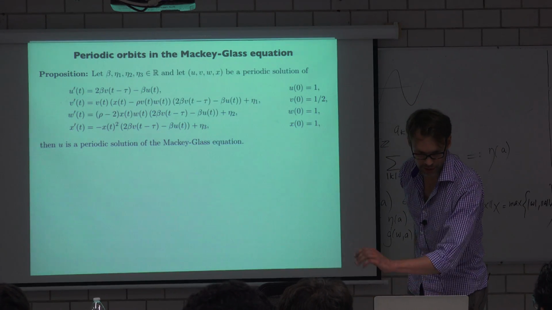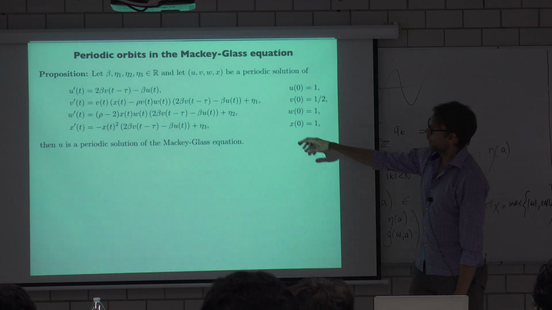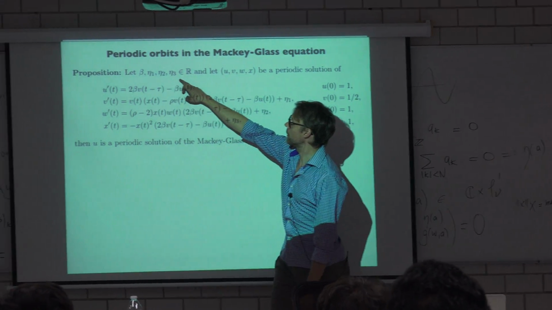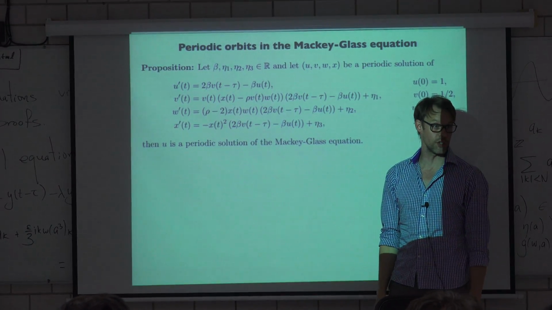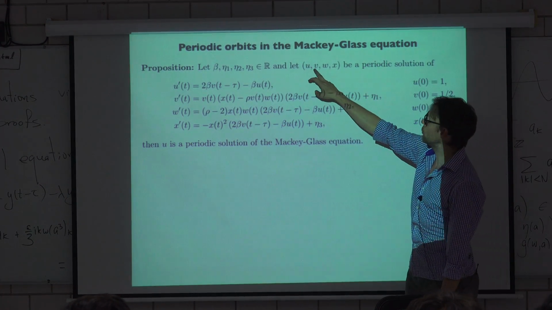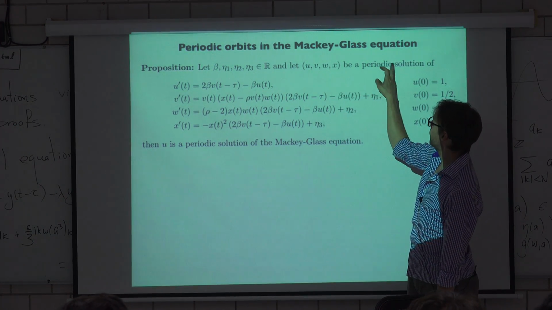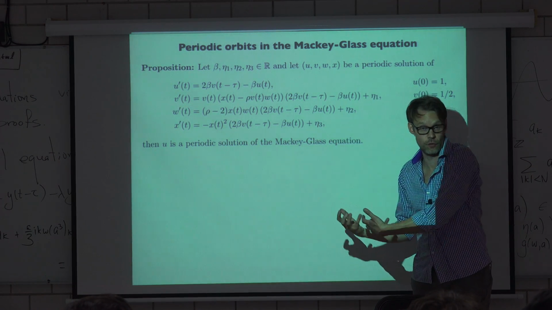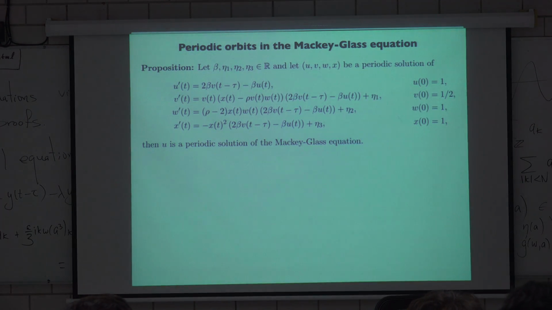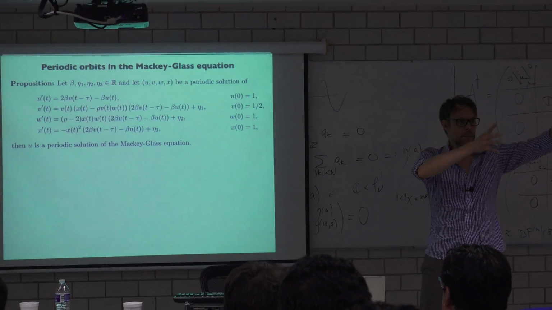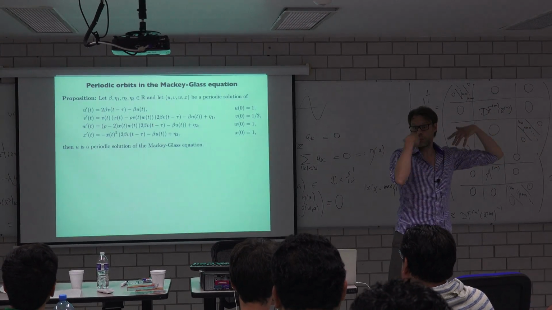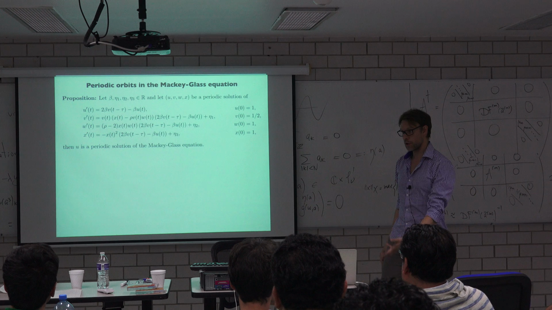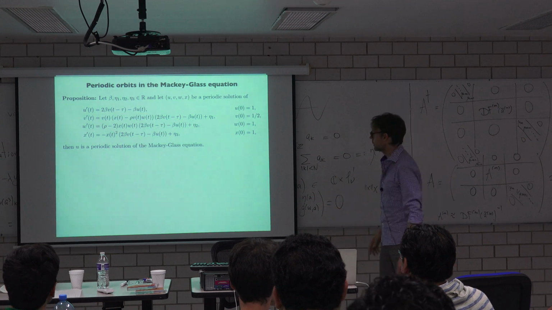But once we have this, here's the proposition. So let beta, the 3 unfolding parameters, so these are real coefficients. Then let u, v, w, and x be a periodic solution of that system, which is the system I'm going to solve with Fourier and with the machinery I described. I plug that in, I will get a map in Fourier, and I will solve in some weighted l1 space of Fourier coefficients using the contraction mapping theorem.